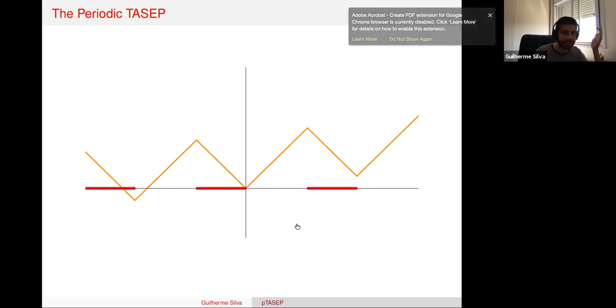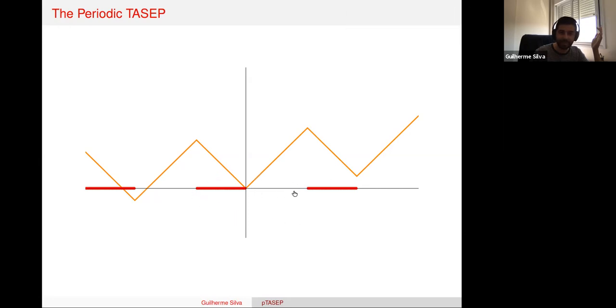There's a certain free space here, but eventually the first particle will hit the last particle in this group, which then you should think about as all the particles now becoming correlated. At the beginning, the first particle doesn't feel the back one, but at some point when this first particle hits the very back one, the particles are all correlated.